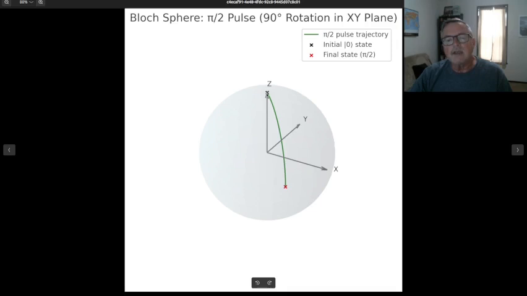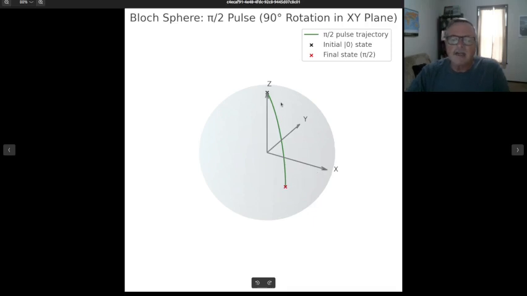If we didn't have any phase difference, then this would just be right down here at the x-axis. But it's not. It's rotated around here. And if you think of this, this is kind of like the equator of a globe because it's halfway in between the 0 and the 1 state. So this phase is kind of like the longitude of that globe.